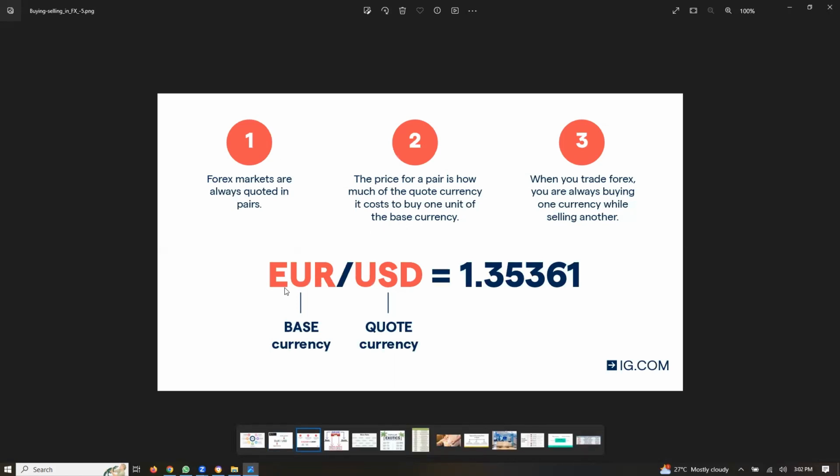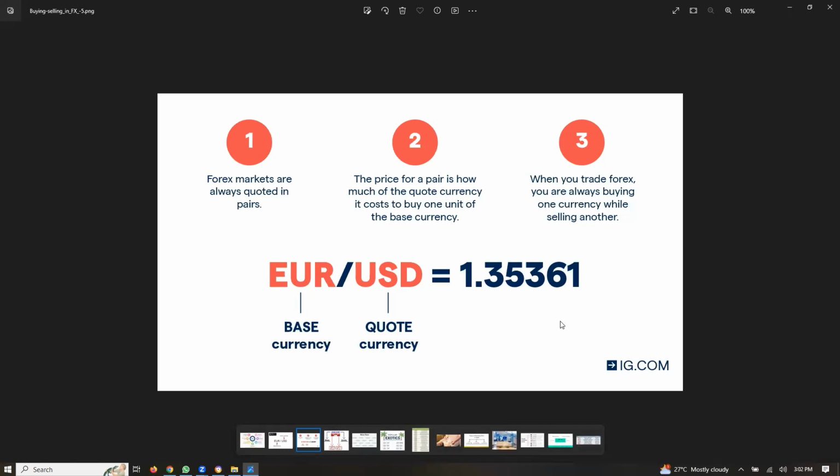You see that we have EUR/USD equal to 1.35361. They are simply telling us that if you have 1 euro, which is the base currency, and you want to exchange it for USD, the quote currency, you will be getting 1.35361 in return.